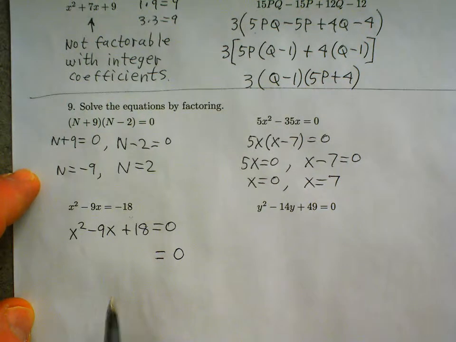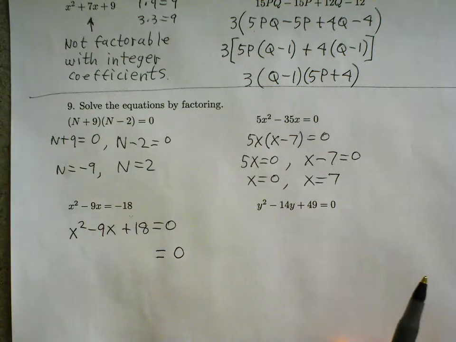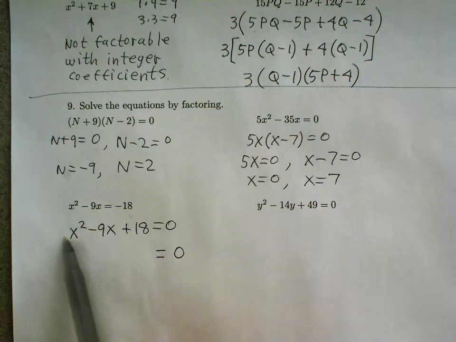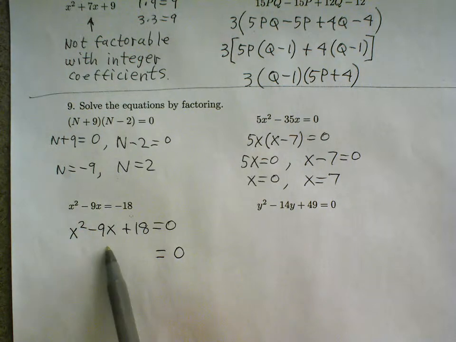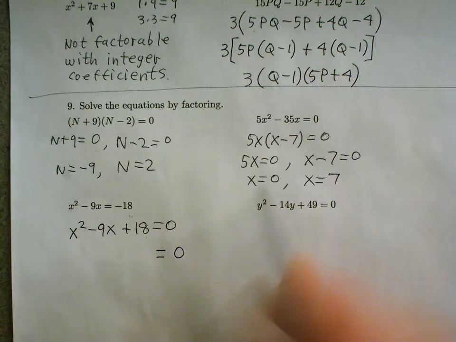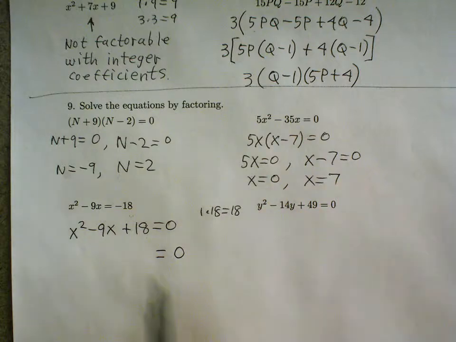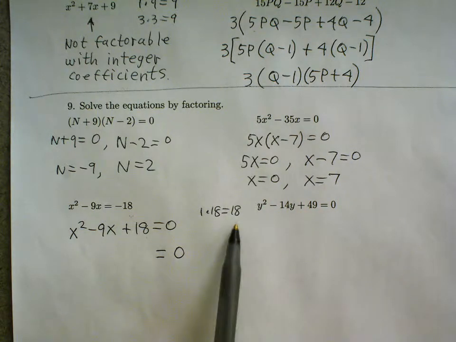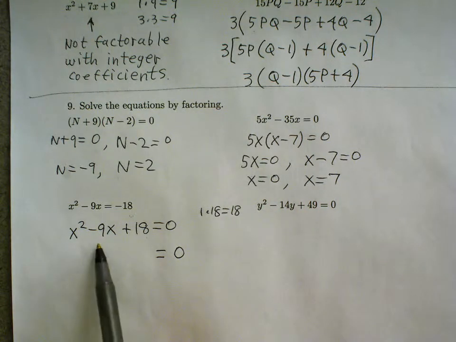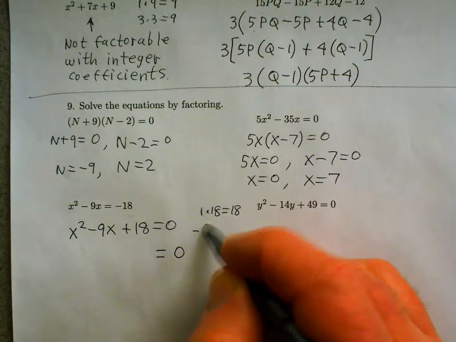Okay, yeah, that's the first step of the AC method, and we might as well go through the process of the AC method. So 1 times 18 is 18. Two integers that have a product of positive 18 and a sum of negative 9 are negative 6 and negative 3.